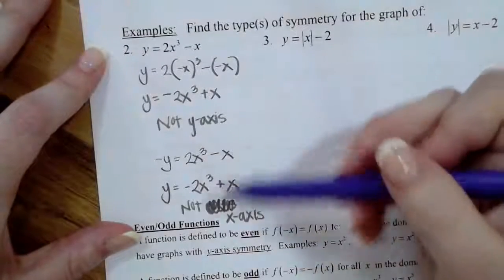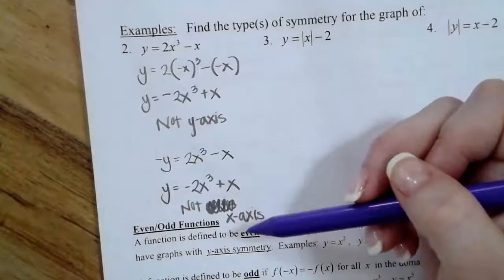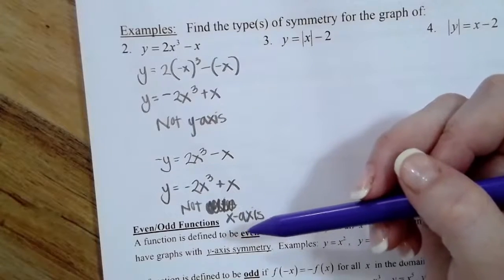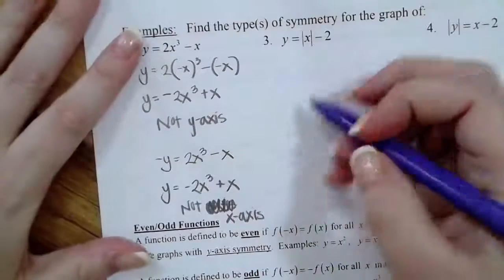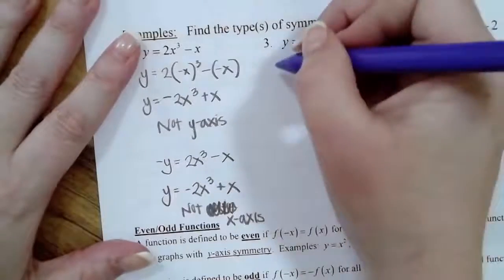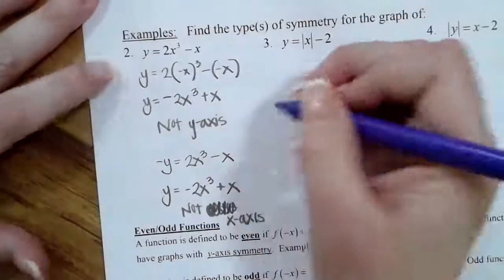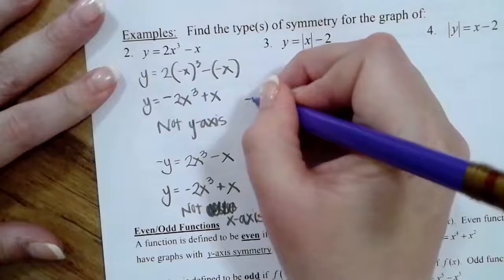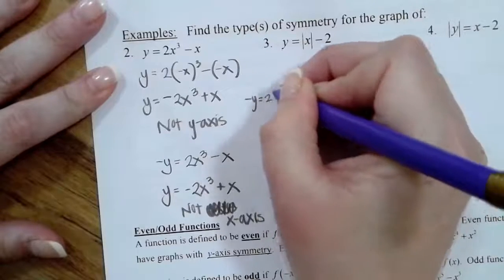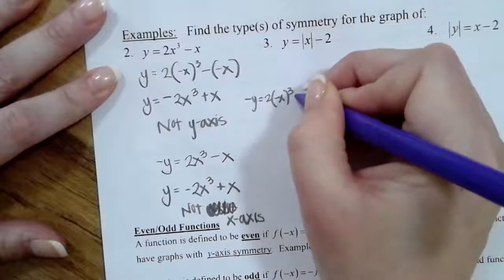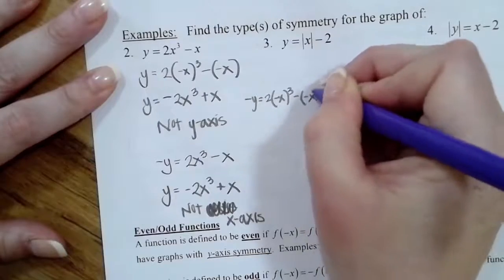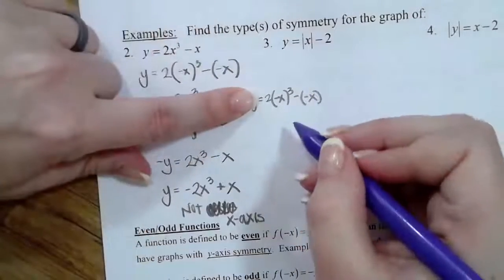So if it's not the y-axis and it's not the x-axis, we have one more to try, the origin. So I've written a little bit large, so we're going to go into this space right here. We're going to replace both this time. So negative y equals 2 times negative x to the third minus a negative x. So I'm going to deal with this side over here first.